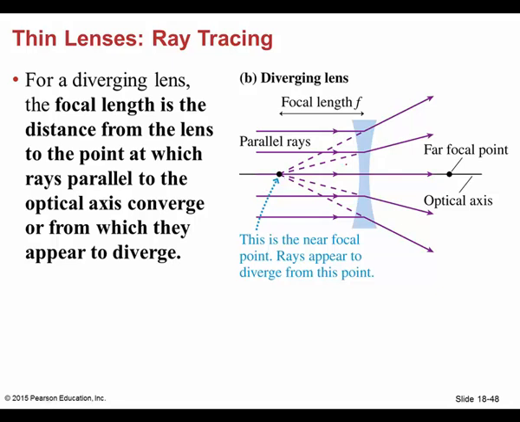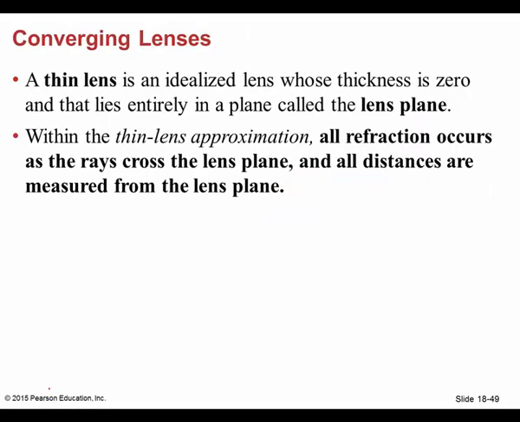Here with the concave lens, or a diverging lens, we can see that the light rays will reflect back to this near focal point, and they appear to diverge from that point, okay? So notice it says the focal length is the distance from the lens to the point at which rays parallel to the optical axis converge or from which they appear to diverge, okay?